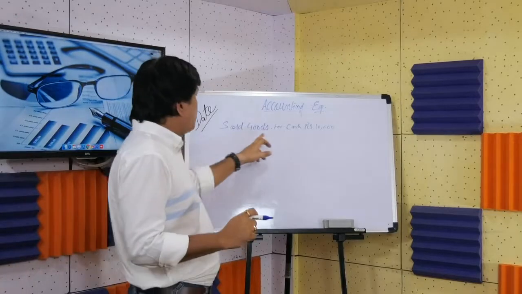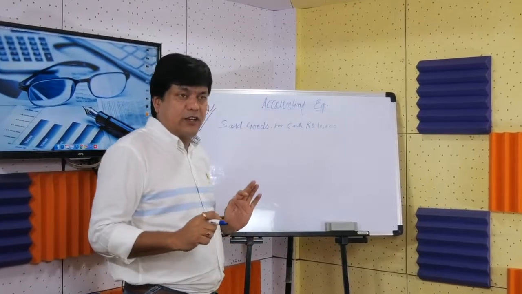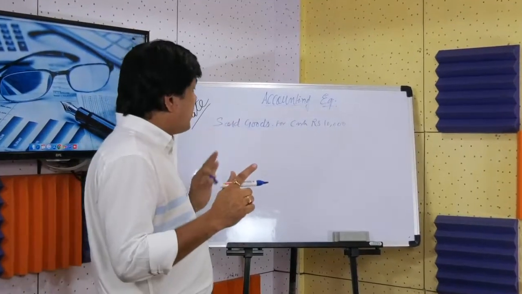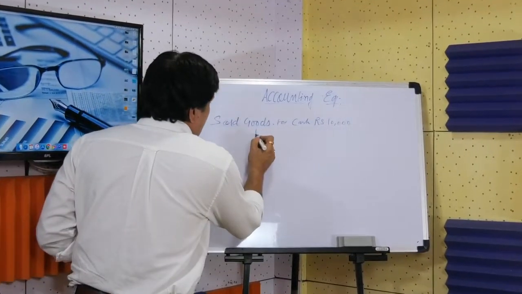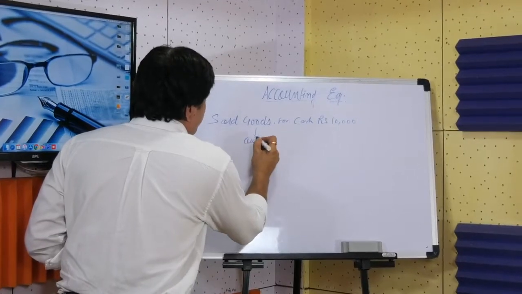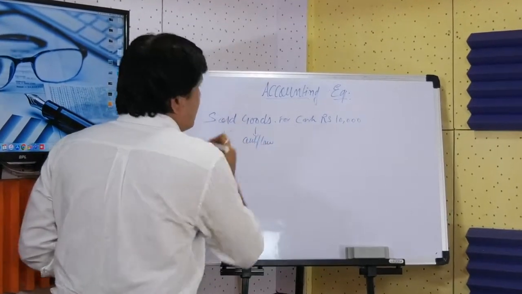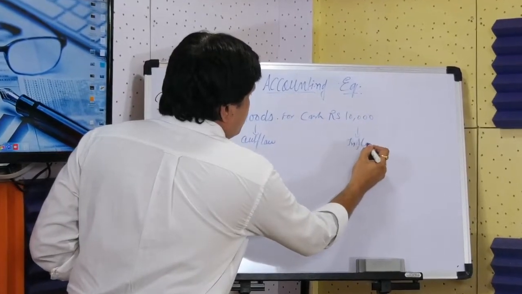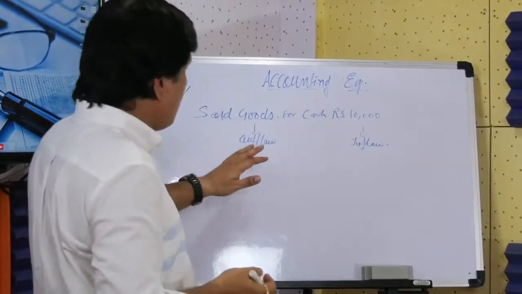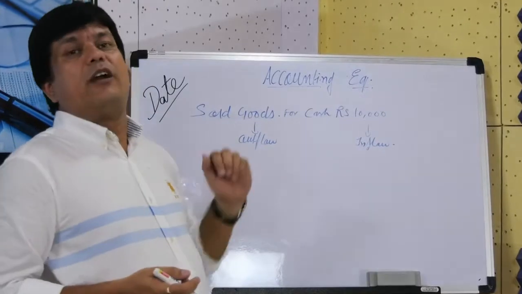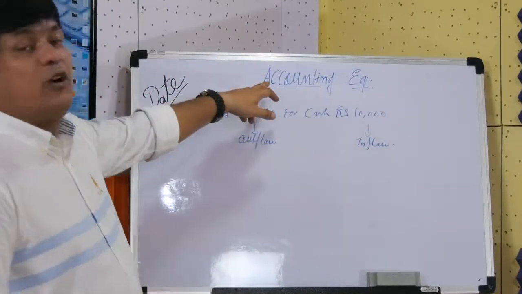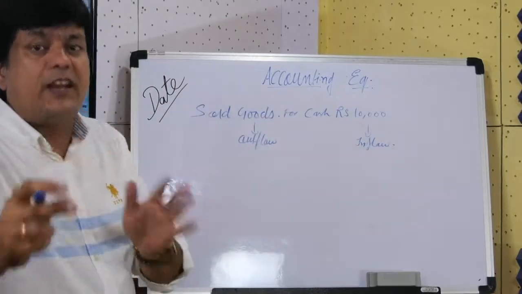Say sold goods for cash rupees 10,000. What happened in your business because of this transaction? There are two aspects. One, goods outflow and cash inflow. Now these two aspects need to be recorded in the books, and how these two aspects will work when we talk about the accounting equation, I will explain in the later part.